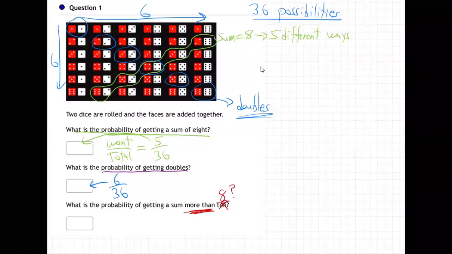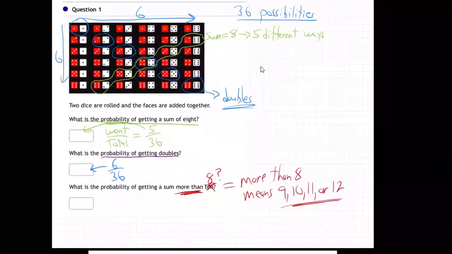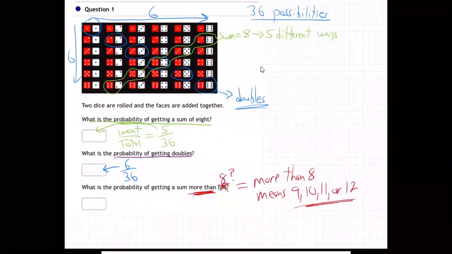Well, more than 8 means 9, 10, 11, or 12, right? If you're wanting to get a sum of more than 8, that'd be 9, 10, 11, or 12. All those are more than 8. Okay, so got it. Where are those sums?